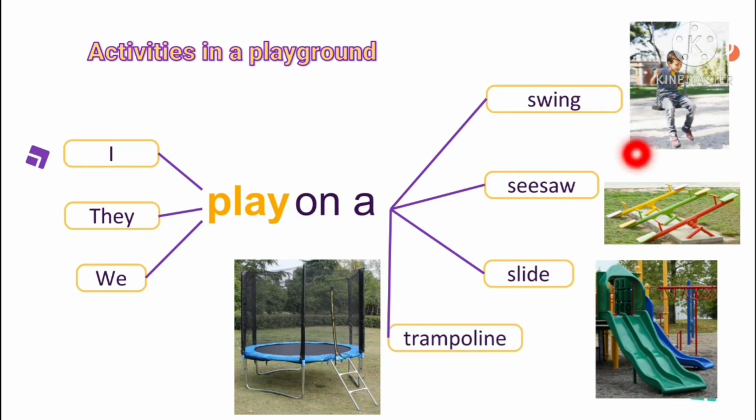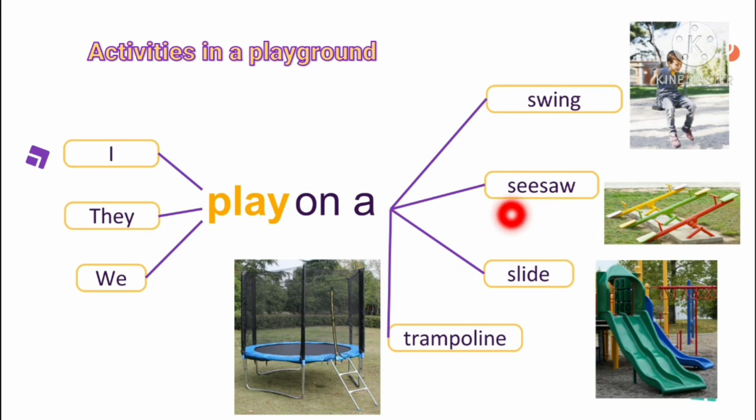Yes, so for these 4 objects, we use on a. Why? Because you either sit or stand on these objects. So, it's I play on a swing, or they play on a swing, or we play on a swing.